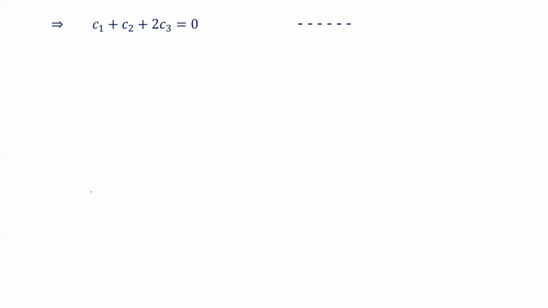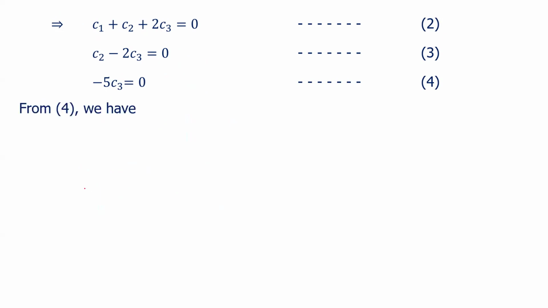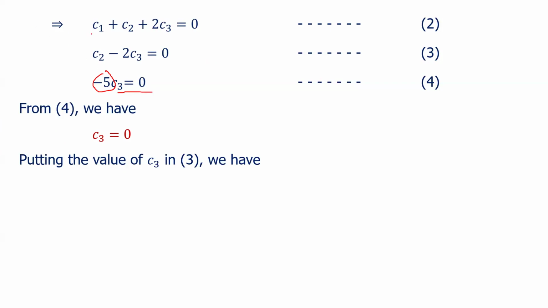Now we can write this in equation form: C1 plus C2 plus 2C3 equal to 0, C2 minus 2C3 equal to 0, and minus 5C3 equal to 0. Clearly, from the last equation we have C3 equal to 0, because minus 5 is a nonzero constant. Putting C3 equal to 0 in the second equation, C2 is also 0.